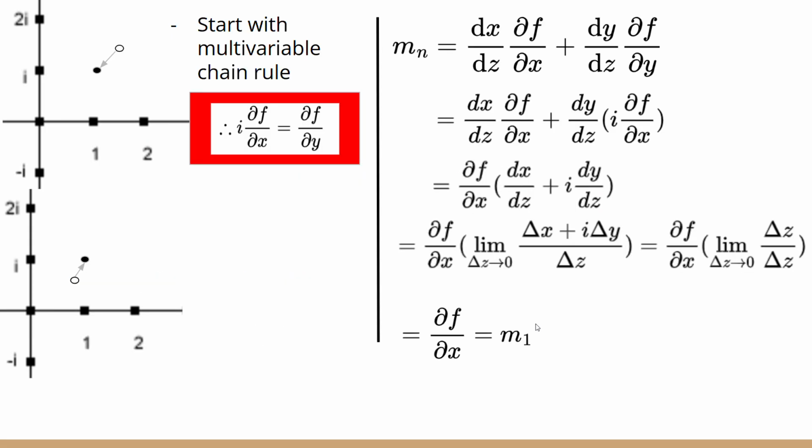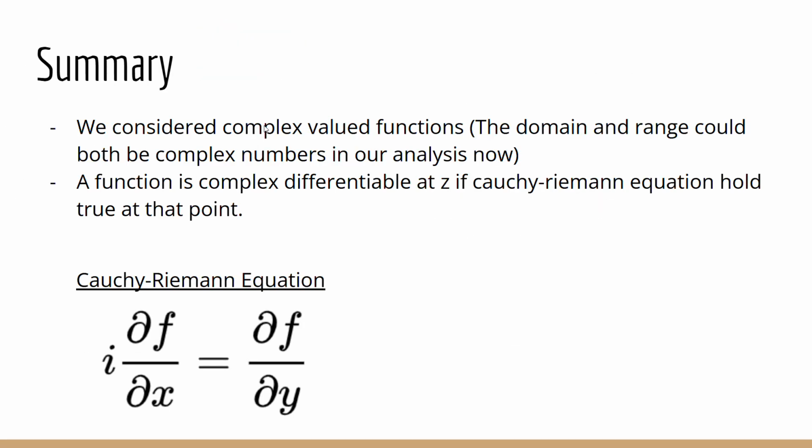Therefore, we prove that for all directions we approach this point, the gradient should be the same as long as the Cauchy-Riemann equation holds. So now we consider complex valued functions, right? A function is differentiable at a point z if the Cauchy-Riemann equation holds true for that point. So this is how we write the Cauchy-Riemann equation.